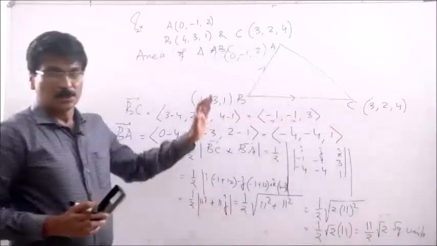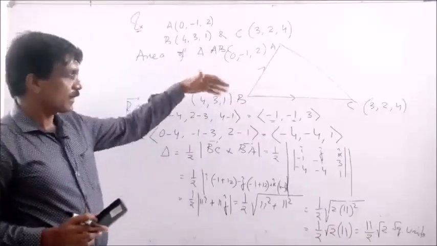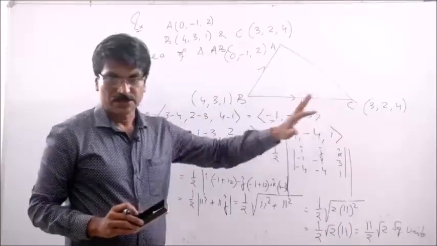So this is how to find the area of a triangle having three vertices.